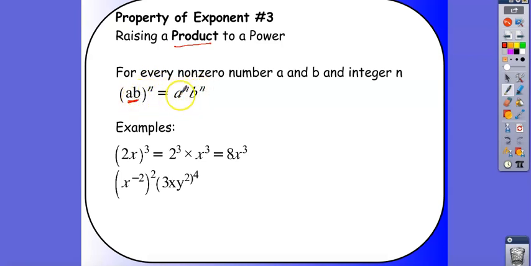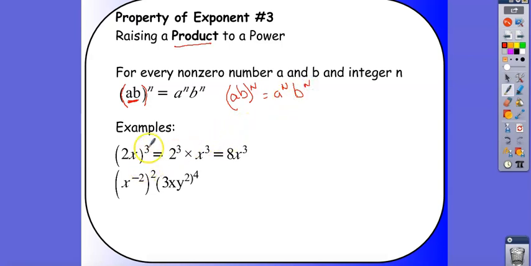That would be the same thing as a to the power of n and b to the power of n. And the important thing is, you see these parentheses? That's what makes the difference. If there was no parentheses, that n would only be on the b, it would not be on the a. But when you have the parentheses, then it's a to the n, b to the n.